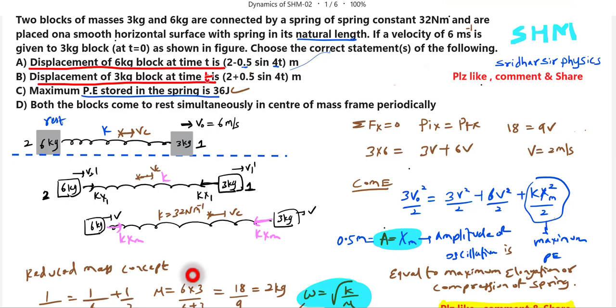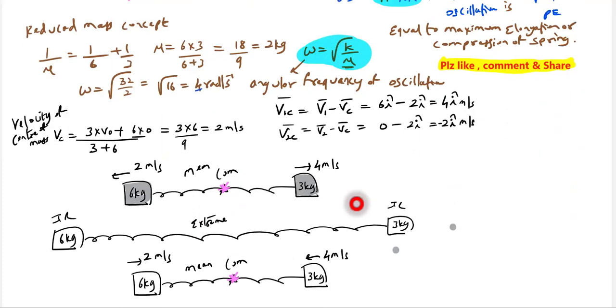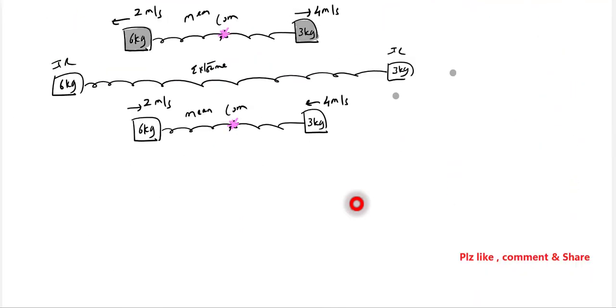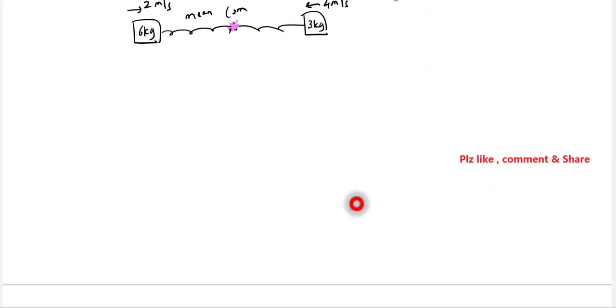How can we tell all these things? Now we have the velocity of center of mass, 2 meter per second. After some time, we have to check how their positions change. We have to work this out again in the ground frame. The problem is a bit lengthier, I'll agree. This is the 6 kg block.